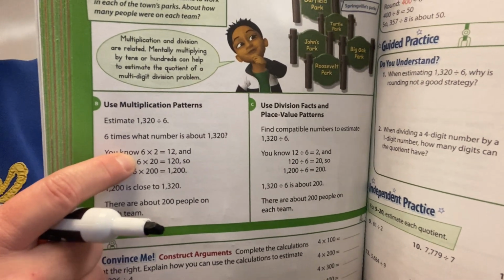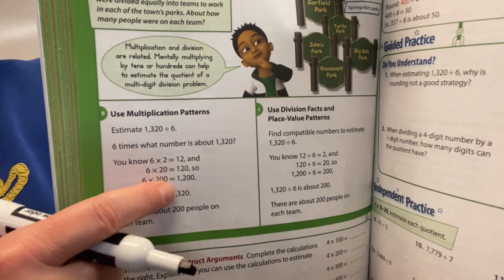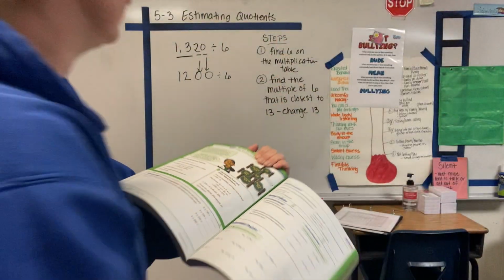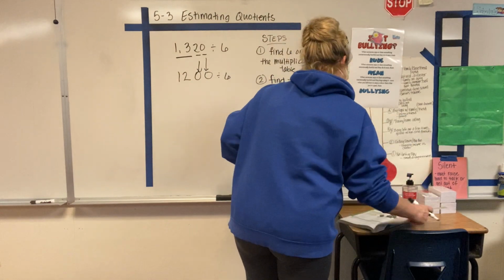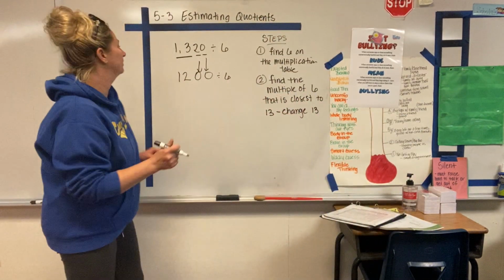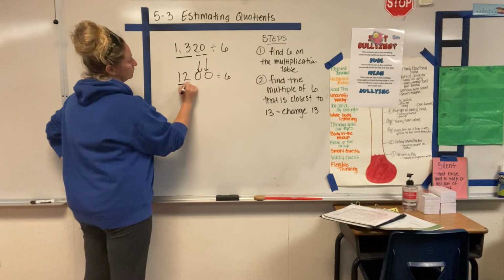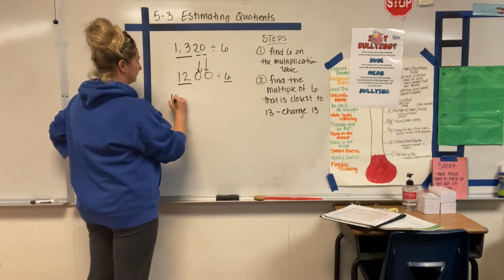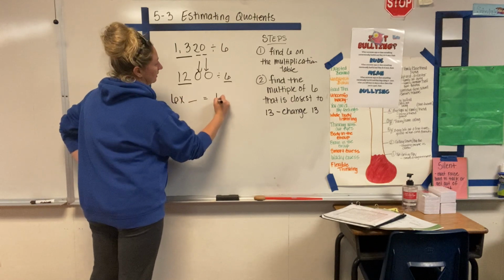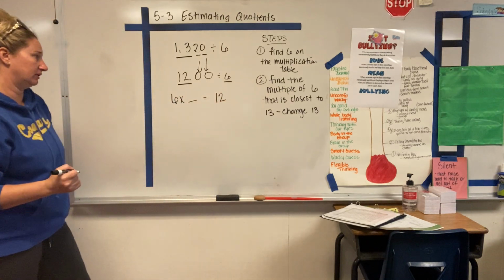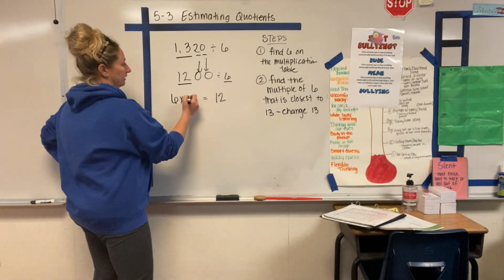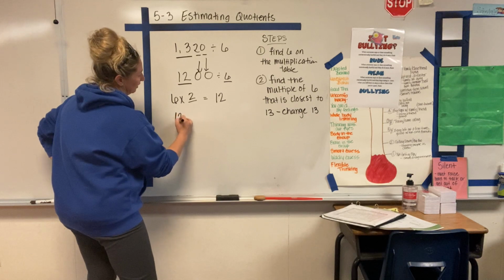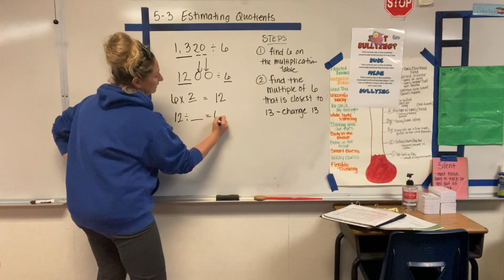And then your 1 0 and your other 0. This pattern we've done a lot. Well, the way they're doing it in the book is 6 times blank equals 12. And so that would be a 2. Or you could do it 12 divided by blank equals 6.